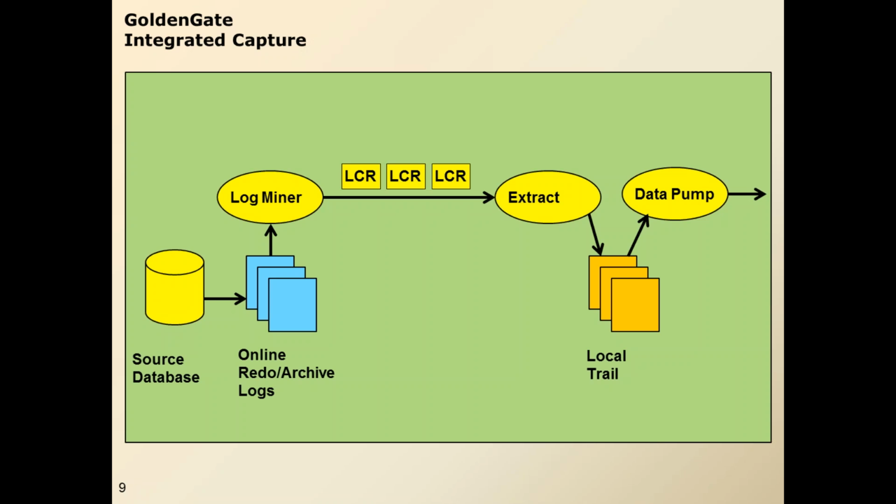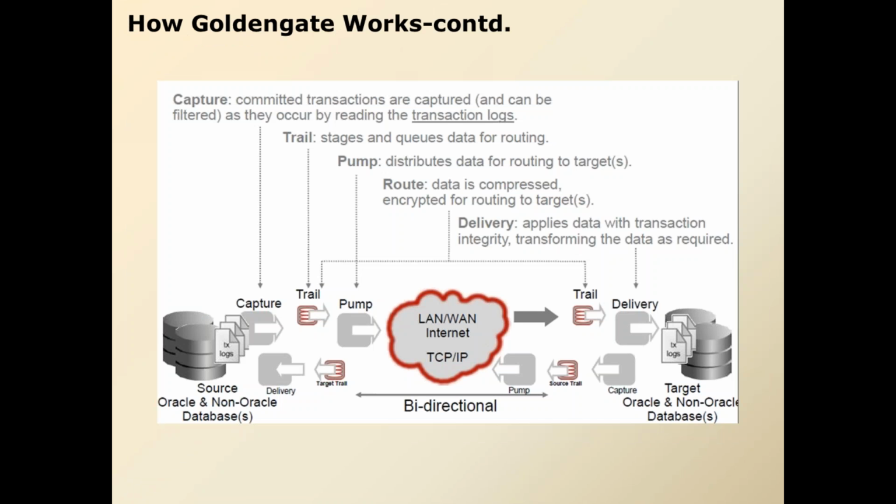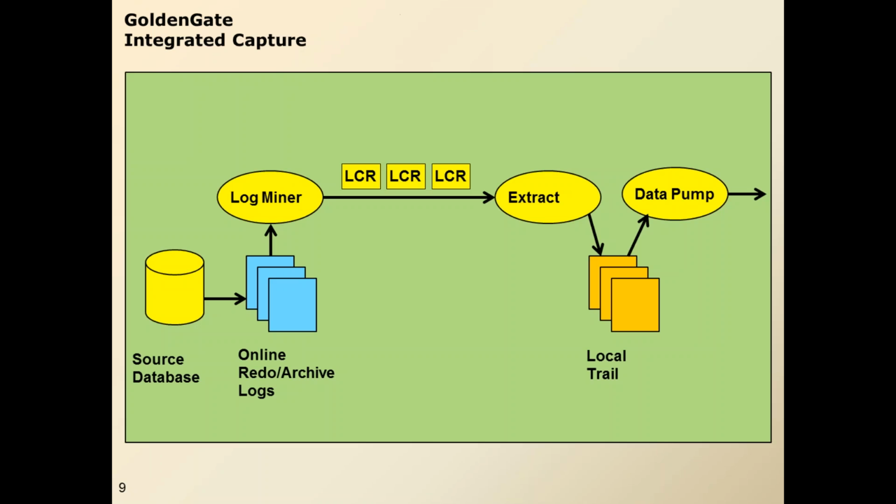Why? A normal question which comes to our mind is, in case of classic capture, the capture process is reading the transaction logs in a sequential manner directly. However, in case of integrated capture, there is one more layer in between. So how can integrated capture be faster than classic capture?